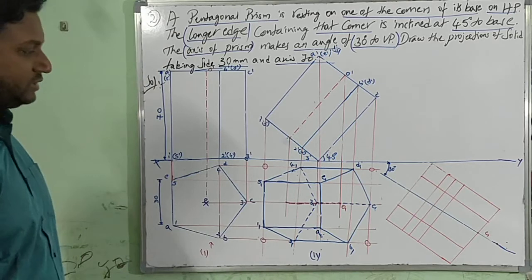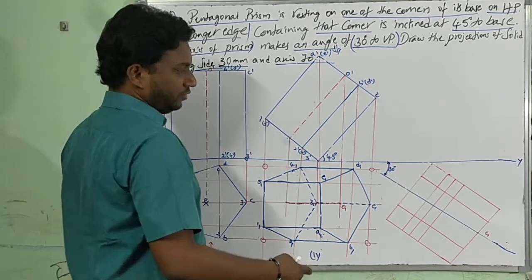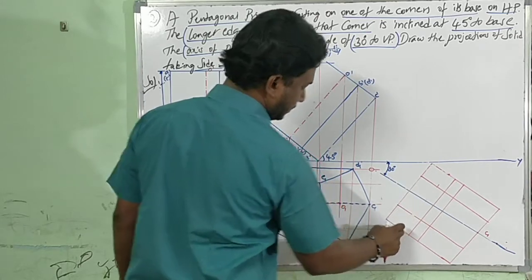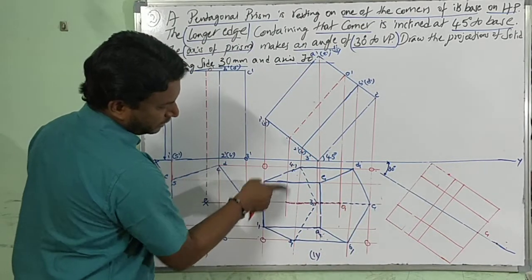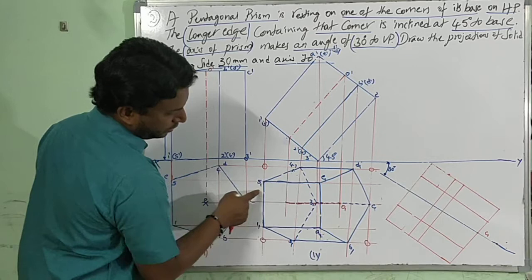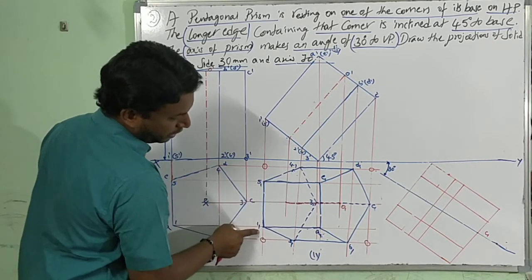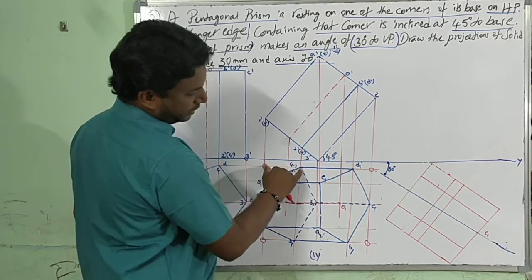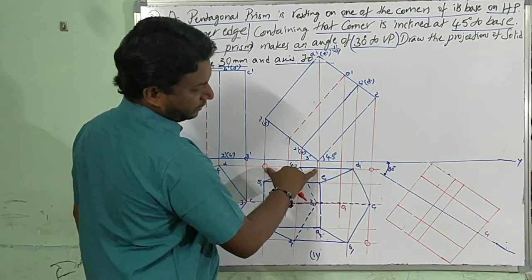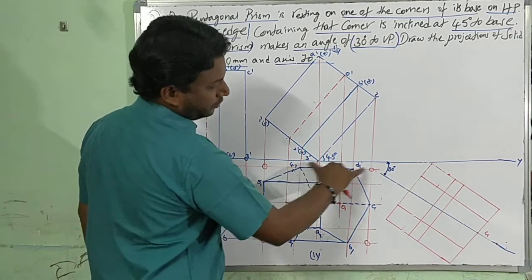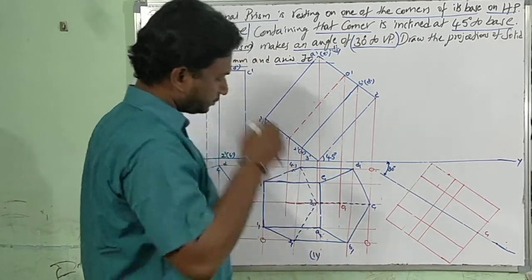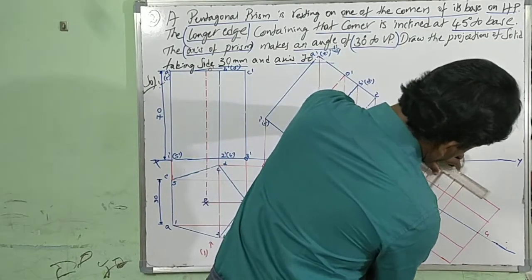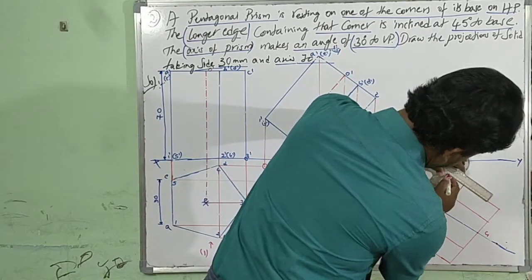If you want to ignore the axis, you can ignore this line from here to here, which has 1, 2. This one is the first line, this one the second line. Now here the third, fourth, fifth. Even if you complete your axis, no problem. Right? Don't erase this.